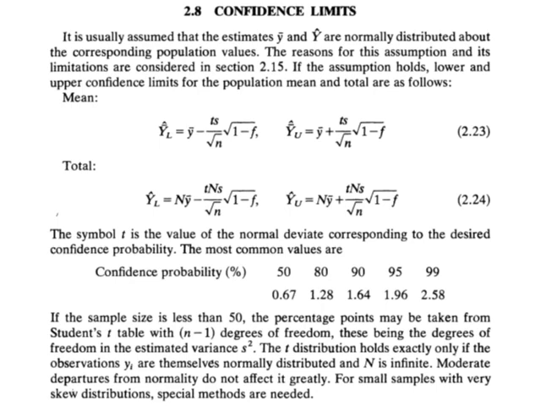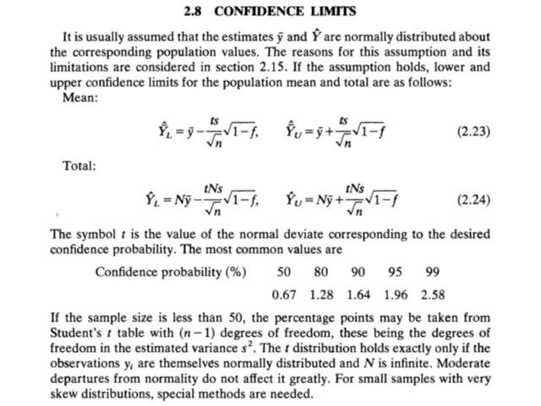And for the population total, Y hat L is equal to capital N times y bar small minus t and s over root n times 1 minus f, and Y hat U is equal to N y par plus t and s over root n times 1 minus f.